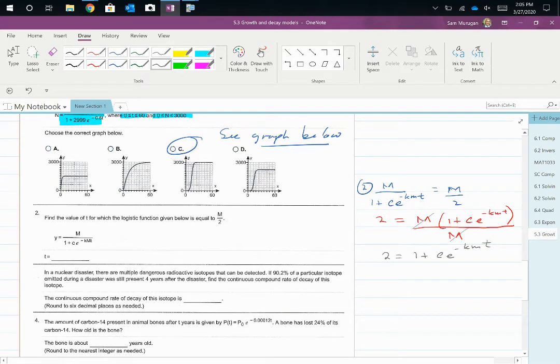Now we have to calculate t here. Moving along, we can take away 1 from both sides. So c e to the power minus kMt is equal to 1, and e to the power minus kMt is equal to 1 over c.